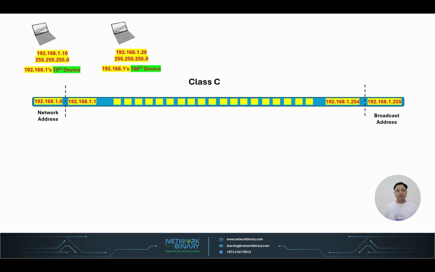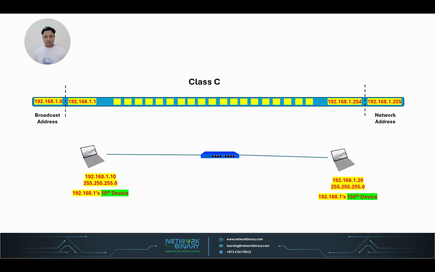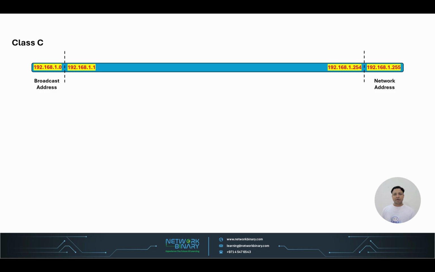What does it mean again? If you take these two PCs and connect them using a layer 2 device, which is a switch, these devices will not have any problem communicating with each other. You do not need any router for communication since they share the same network ID.